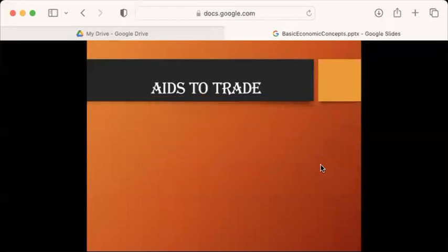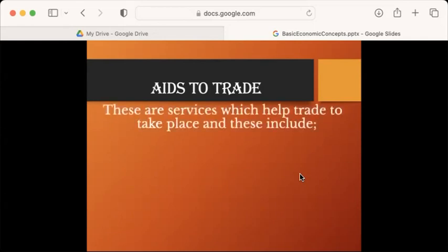Aids to trade, on the other hand, now let's say, for example, when a business wants to sell goods to some customers, or when the business wants to buy also, it will need several different services to assist the business, because a business cannot do everything on its own.